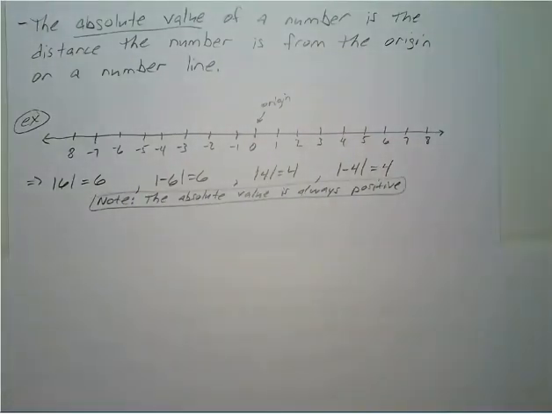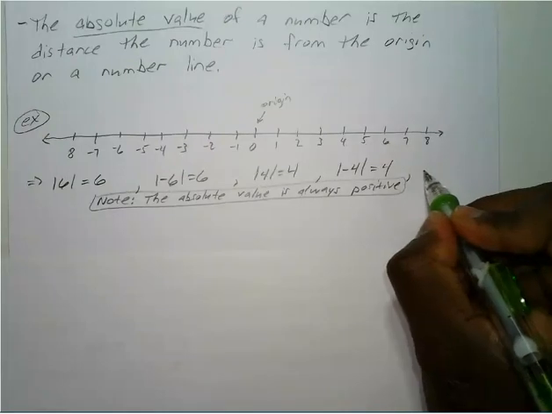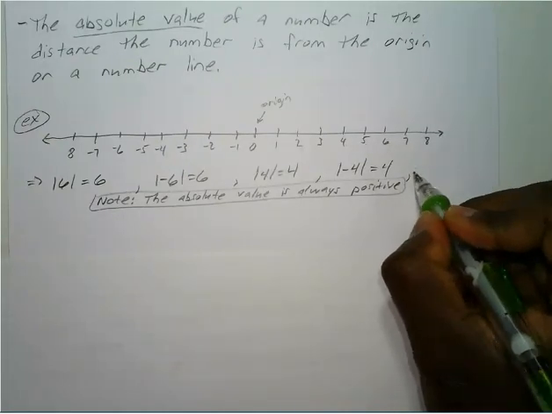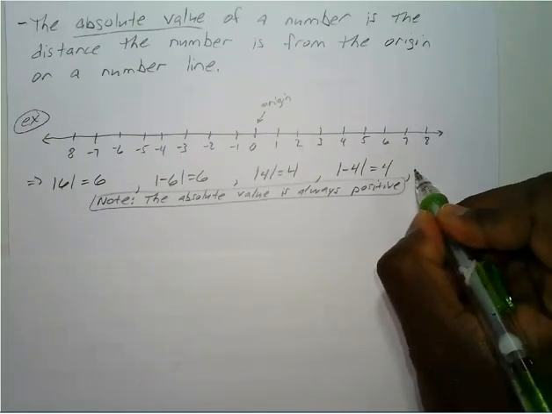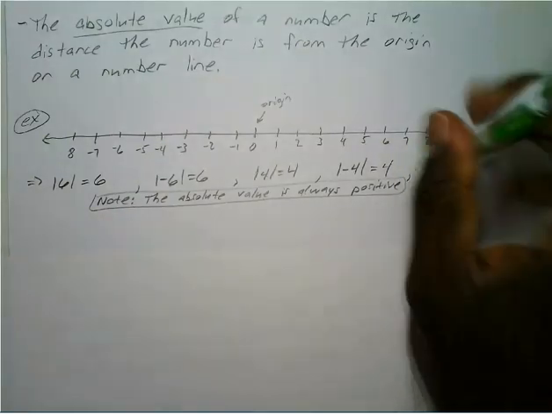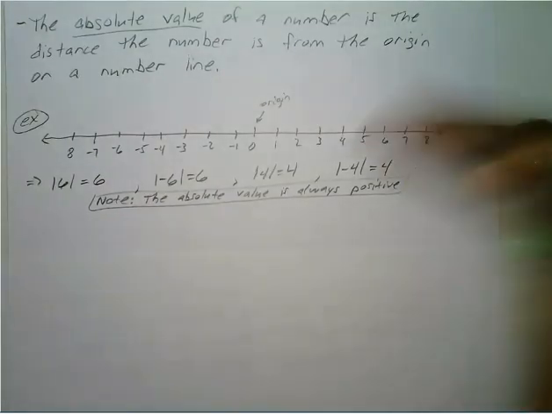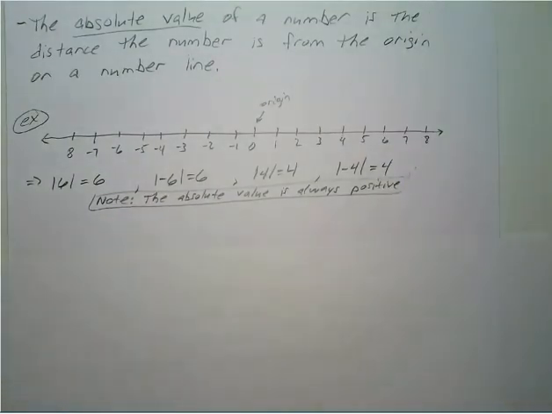Now, that doesn't take into account if it's a negative number on the outside of the absolute value. So what if you have, let's say, well, we'll do that on later examples. I don't want to jump ahead, which is what I was getting ready to do. We're going to cover that a little later. Okay. So again, you see the absolute value is always positive.